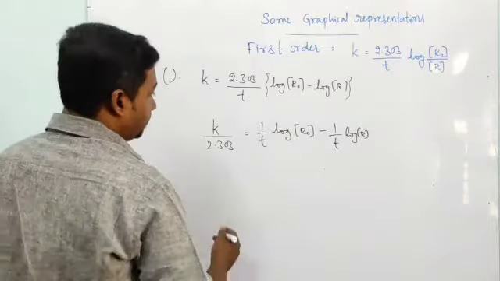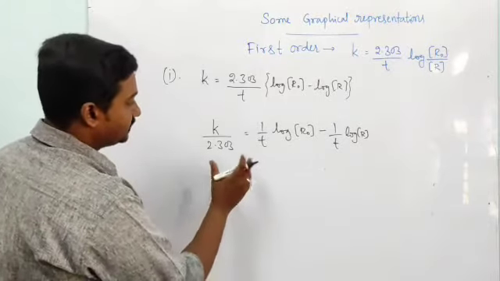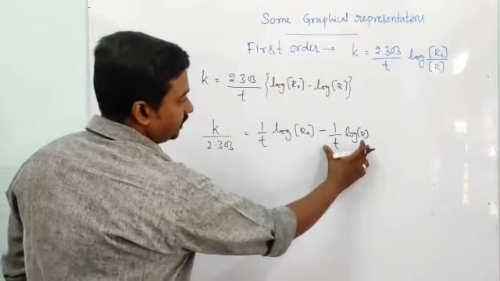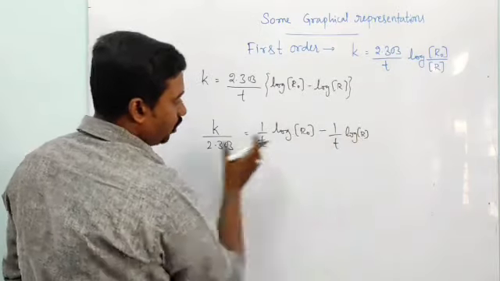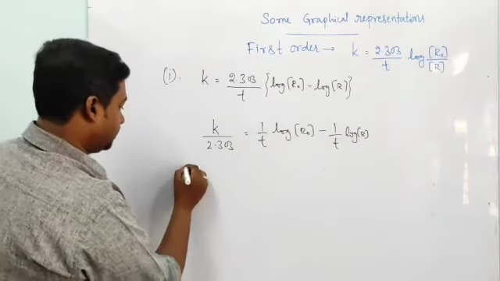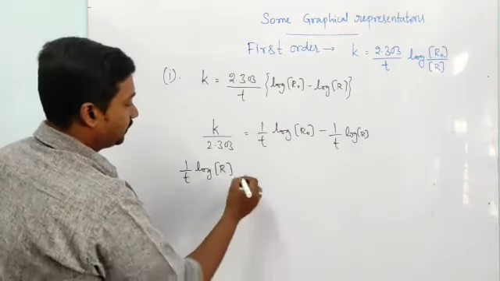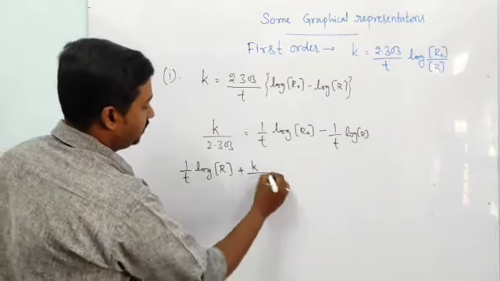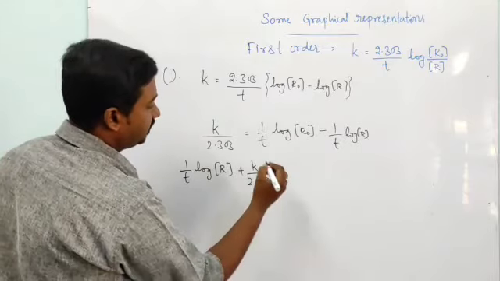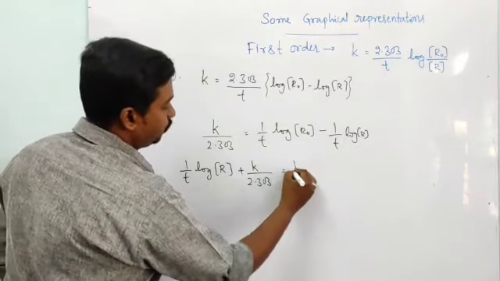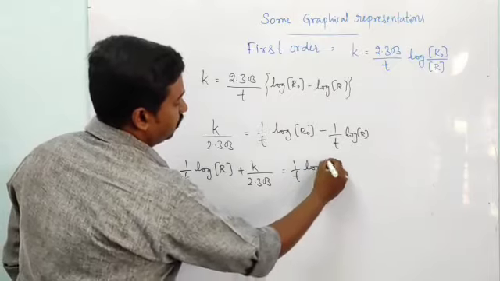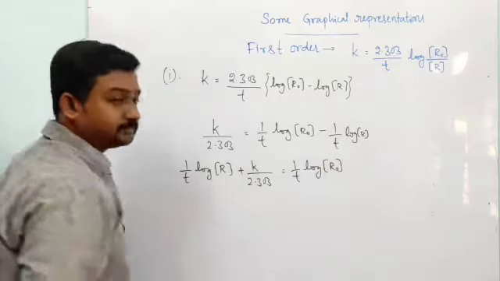Okay. Now once again I'll rearrange these things so that I get log of R on the LHS, so it is 1 by t log R plus k by 2.303 equals 1 by t log of R0.